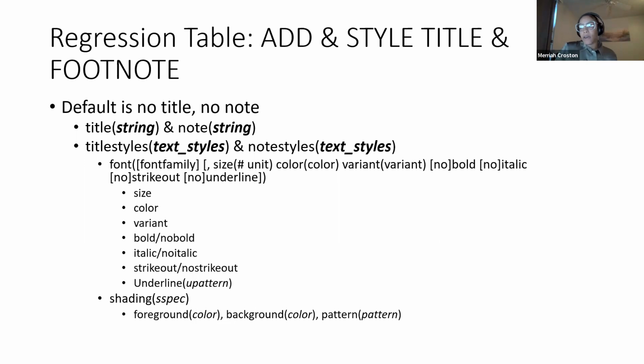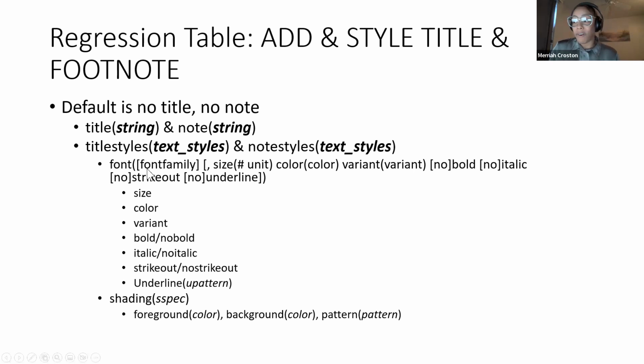We can add and style the title and the footnote. And so I've added a lot of text here just so that you have it for later reference. But what I'm communicating here is that you can simply add with these command options a title, a string that will be used for the title, as well as a note. You can add multiple notes. They'll be placed on separate lines. You can only add one title. We can also style our titles and our notes.